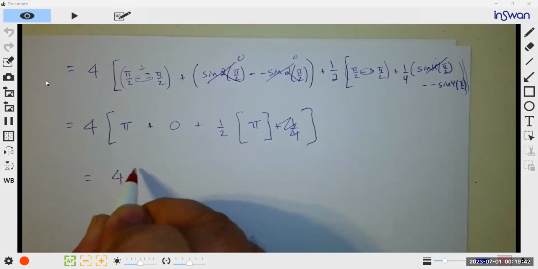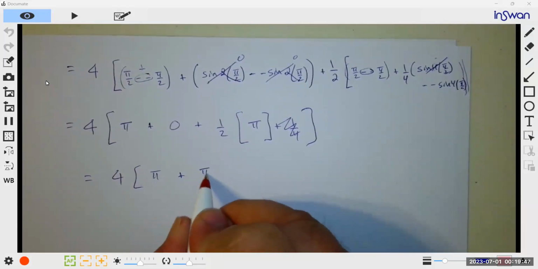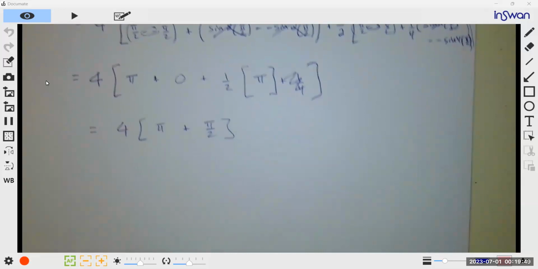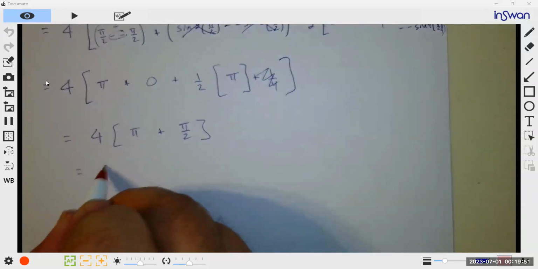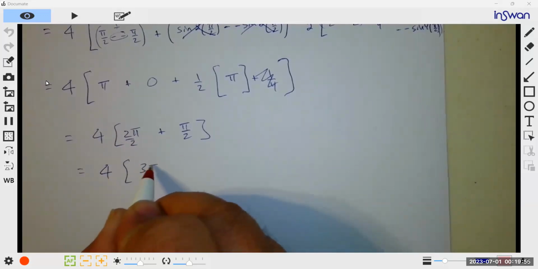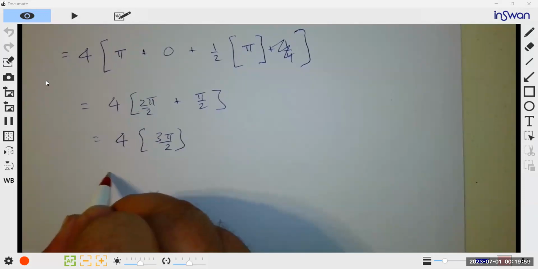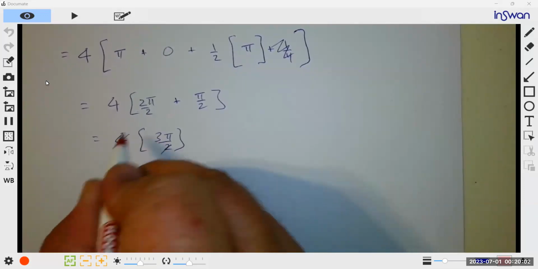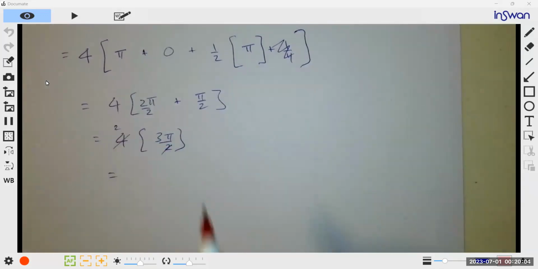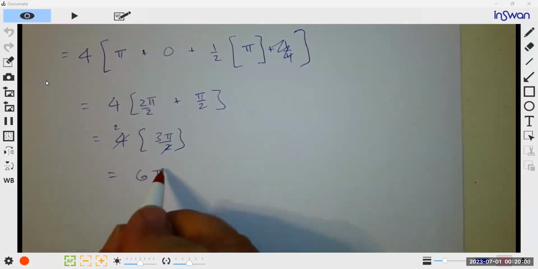So we have 4 pi over 2. This makes it 2 over 2, so it's 3 pi over 2. Which cancels that. So we have 6 pi here.